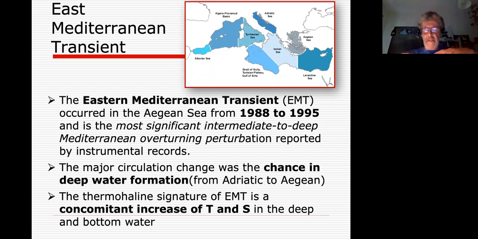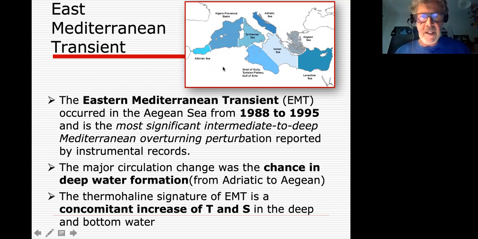And so the replenishment of the dense water of the Mediterranean on the Ionian Sea was very effective, and we saw a very strong uplift of the water masses together with the proper water property in Ionian Sea.